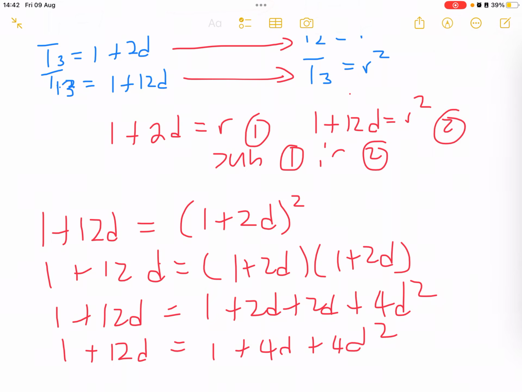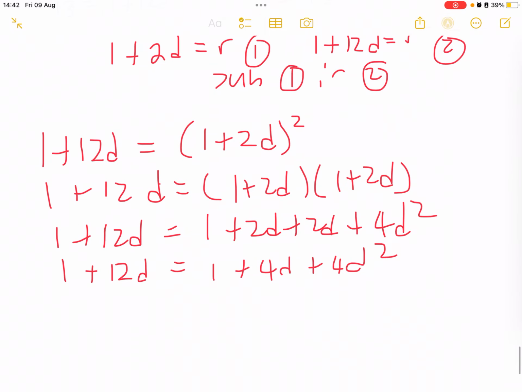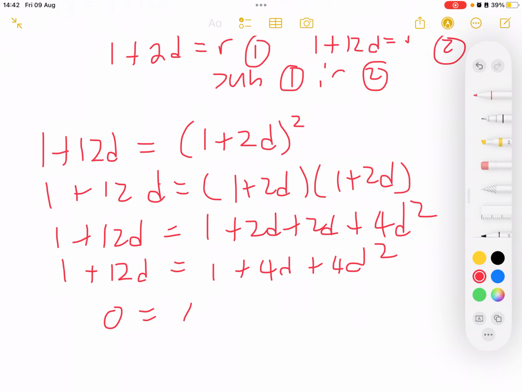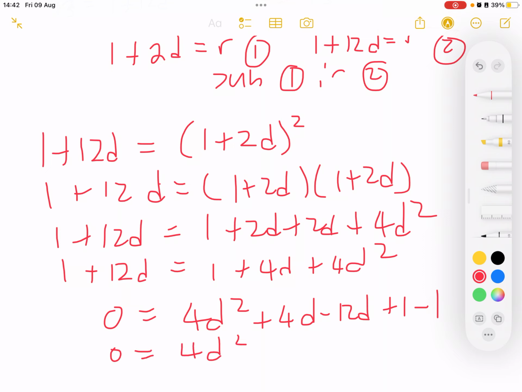Then we can put everything on one side such that 0 is equal to 4d squared plus 4d minus 12d plus 1 minus 1, such that 0 is equal to 4d squared minus 8d.